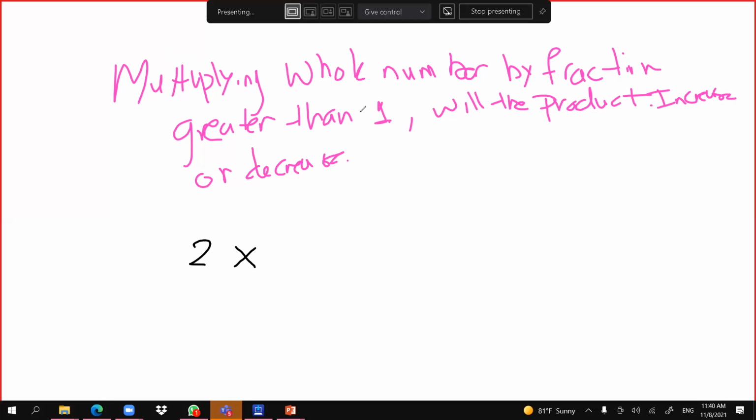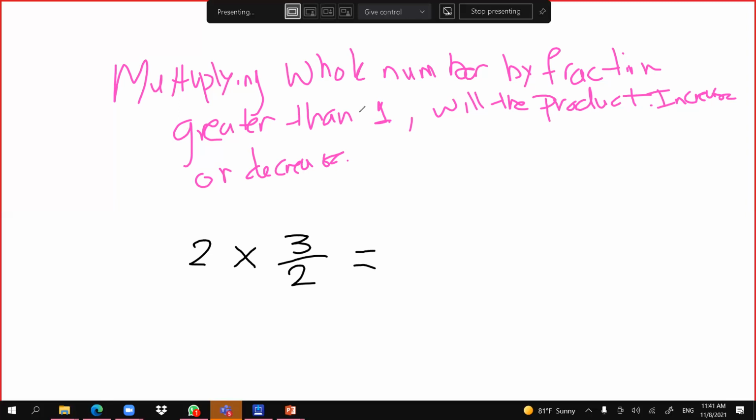Give me a fraction greater than 1. 4 over 1, bravo. Like 4 over 3 as an example. Like 3 over 2. These are greater than 1. 6 over 3, bravo.